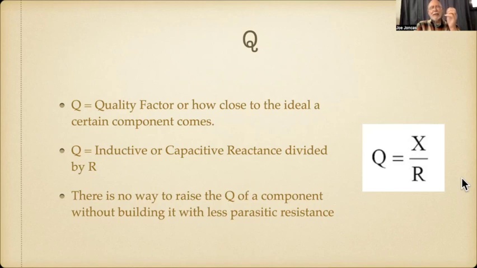To measure it, you take either the inductive or the capacitive reactance and you divide it by the real R. So if the real R is big, the Q is low. If you take an inductor or capacitor and you put a 100K resistor in series with it, it's going to be a really low Q circuit. If you only have 0.02 ohms, the Q is going to be very big.